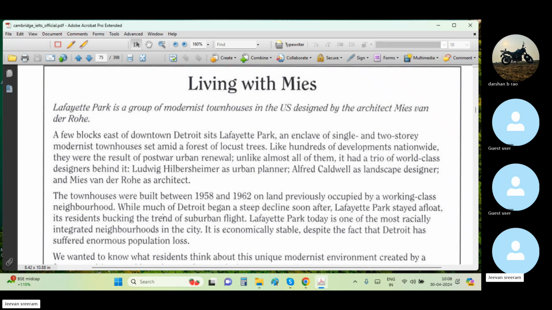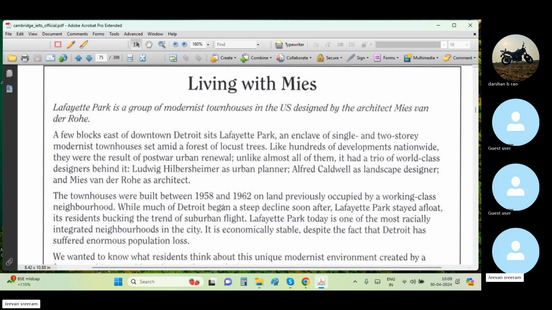As a part of post-war urban renewal, developments were happening nationwide, right? Behind all those developments, this trio was not there. This trio of world-class designers can be seen only in the case of this Lafayette Park. The modernist townhouses in Lafayette Park have a trio of world-class designers behind them. Okay, the 3 people's names have also been given: Ludwig, Alfred, and also Mies van der Rohe.